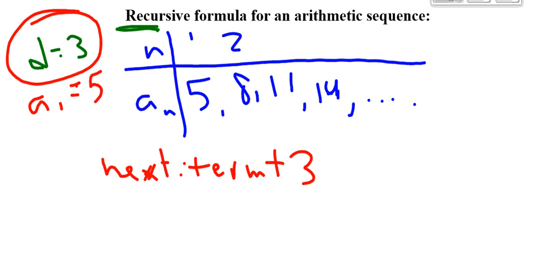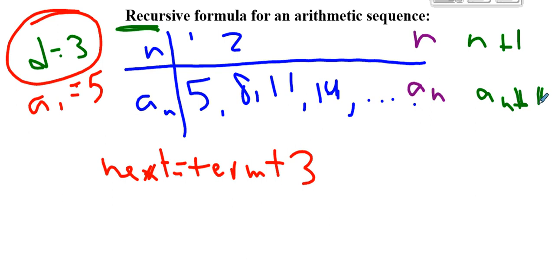Now, we don't use this notation because, and this is where it becomes very important, for any given term, let's say n and a sub n, remember that, and often your book will do this, they'll say n plus 1 and a sub n plus 1. What we're going to do is define what's happening to go from one to the other.